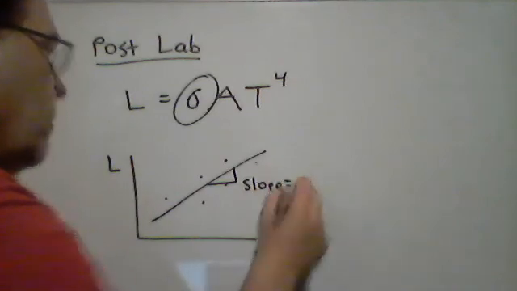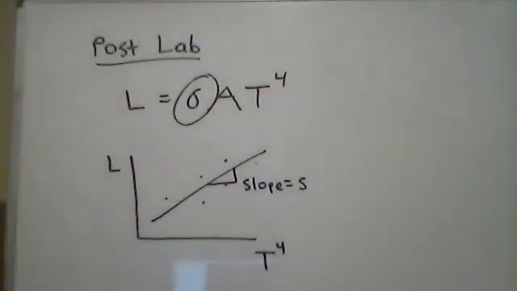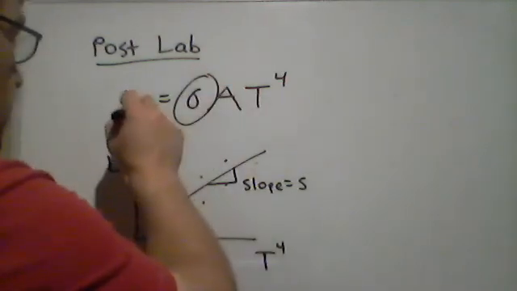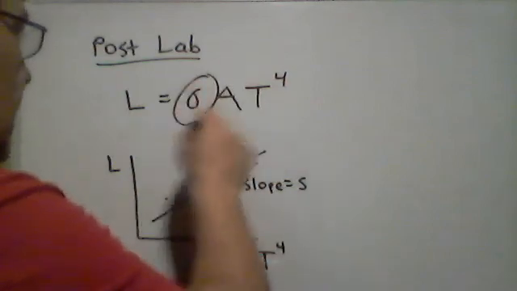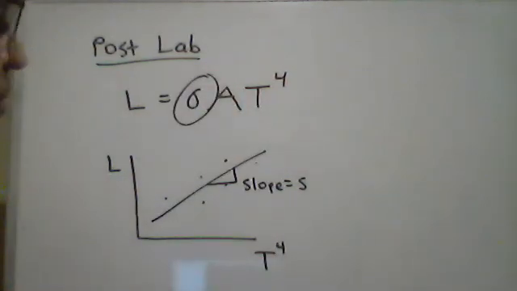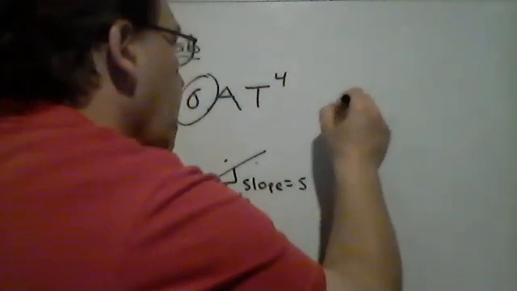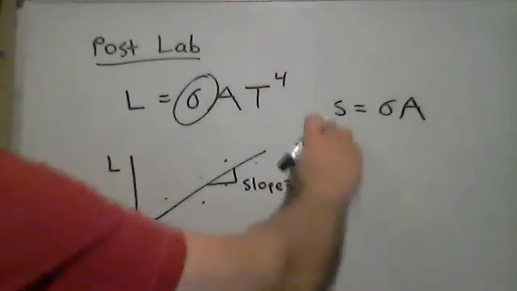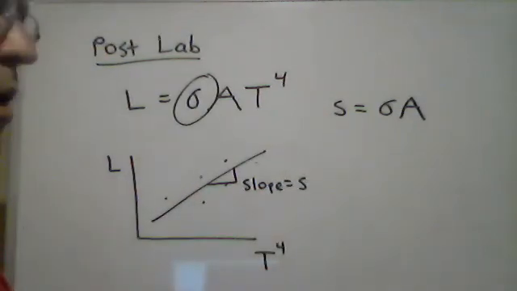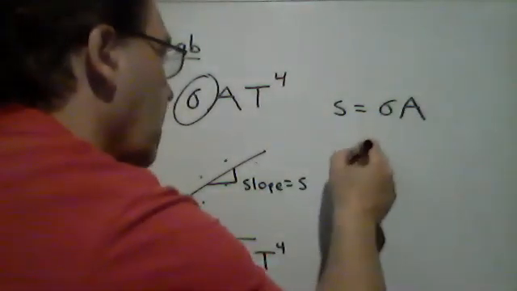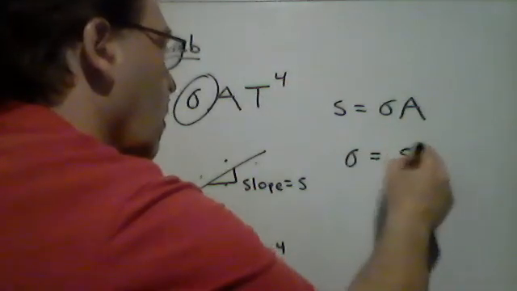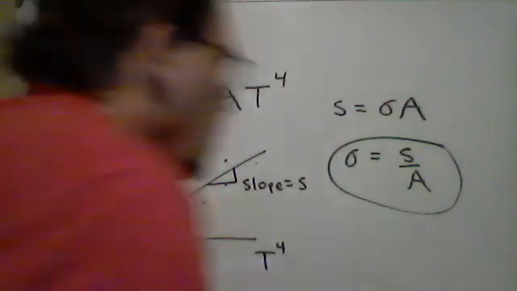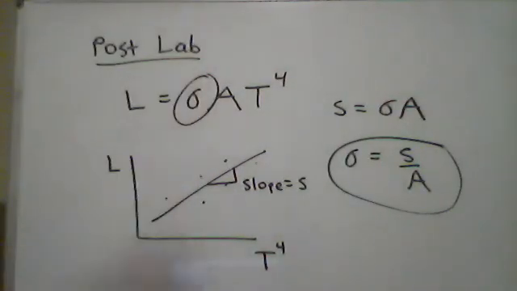I'll call it S. Well, that slope is going to be what? If you're plotting L versus T to the 4th, sigma A is the slope. So your slope is sigma A. You look at your data and find the slope S. You want sigma, so you divide both sides by A. That's a way of finding the Stefan Boltzmann constant through this luminosity relationship.